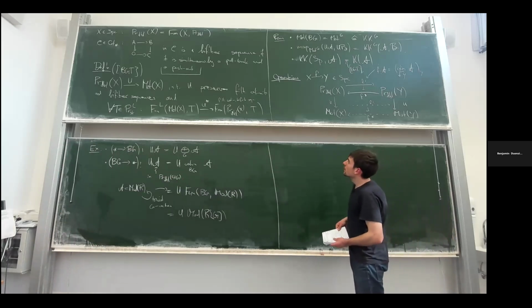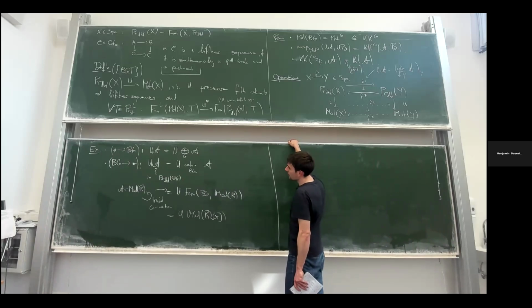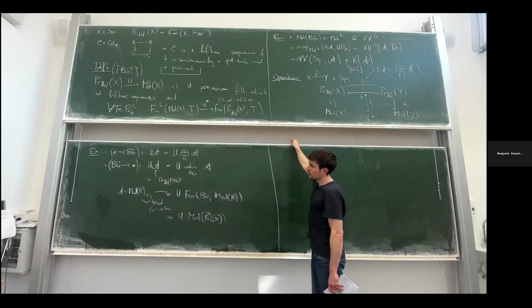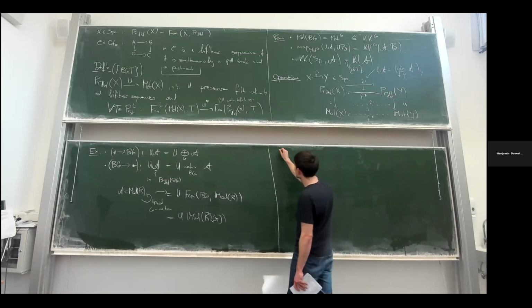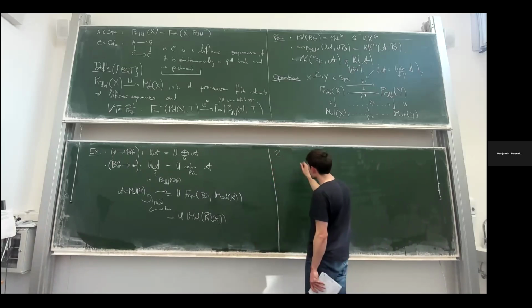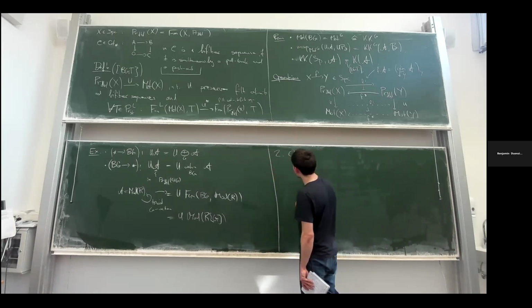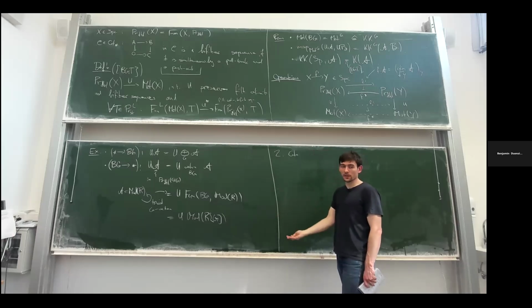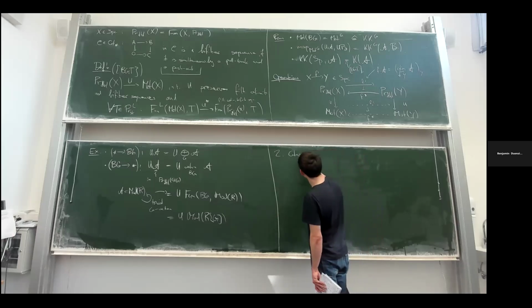Okay, so this is our analog for the category KK. The next goal is to understand what it means to have an analog of this gamma element in this context.